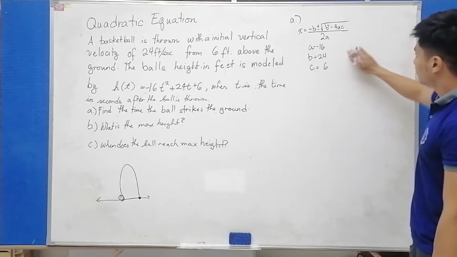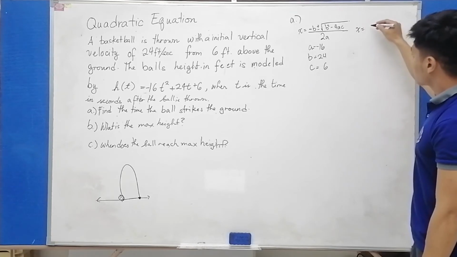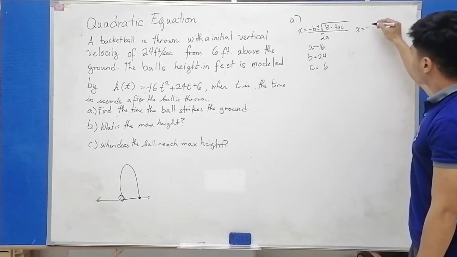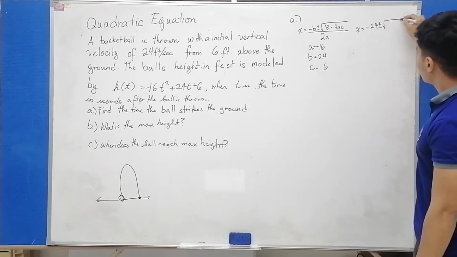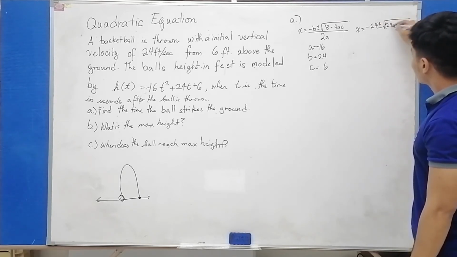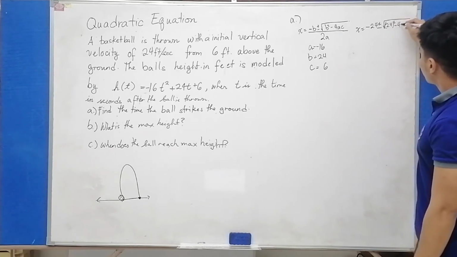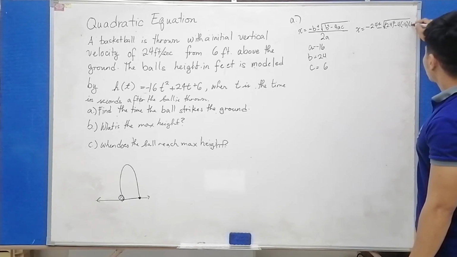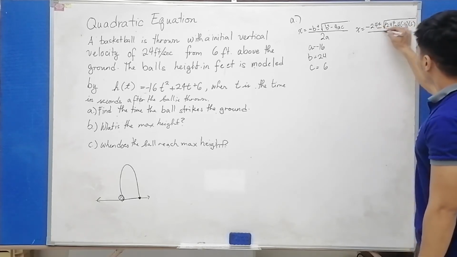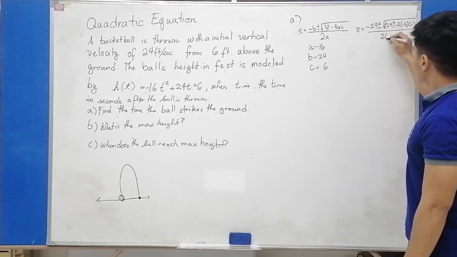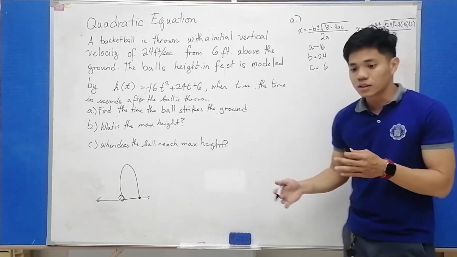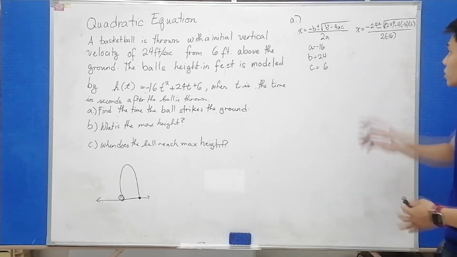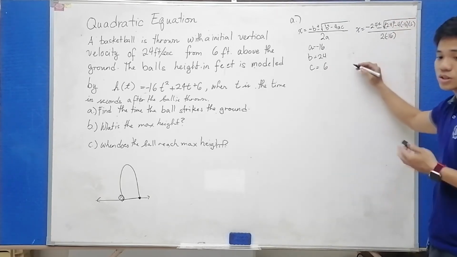So we have x is equal to negative 24 plus or minus the square root of 24 squared minus 4 times negative 16 times 6, all over 2 times negative 16. So using our calculators, you can actually find two values having the plus and the minus version.